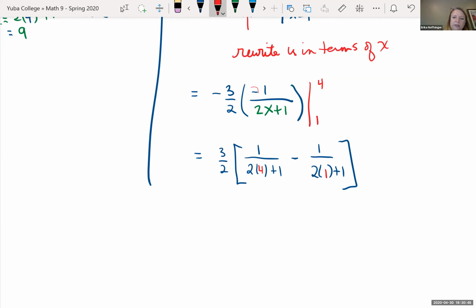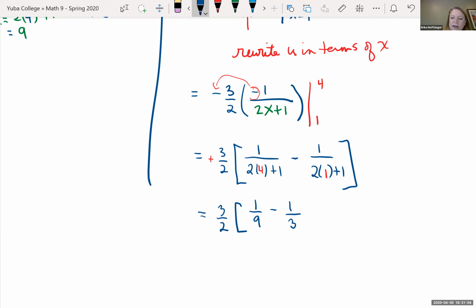Just to show that this was positive now, this is equal to 3/2 all times 1/9, since 2 times 4 is 8 plus 1, minus 1/3.